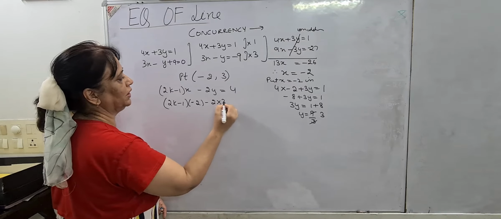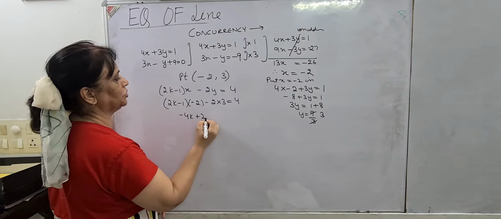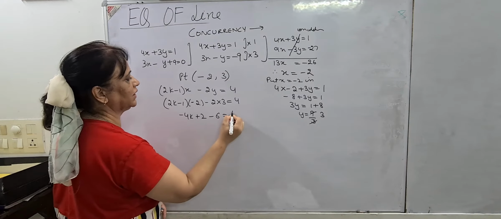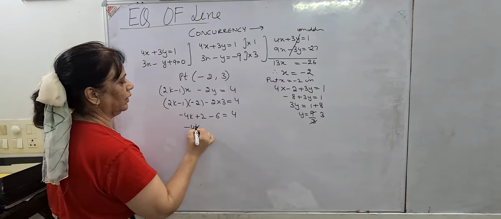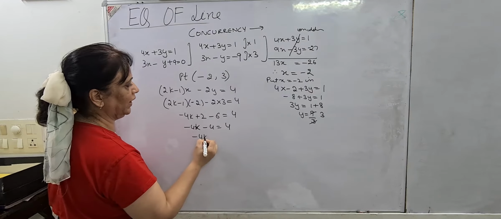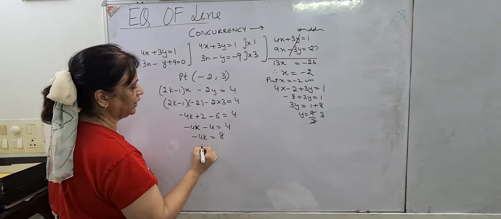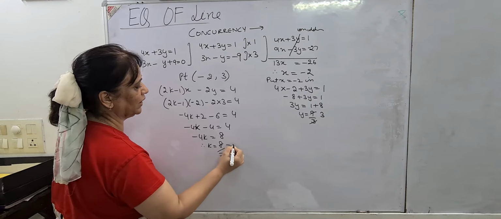Minus 2 into 3 is equal to 4. Minus 4k plus 2 minus 6 is equal to 4, or minus 4k minus 4 is equal to 4, or minus 4k is equal to 8. Therefore k is equal to 8 upon minus 4, that is minus 2.